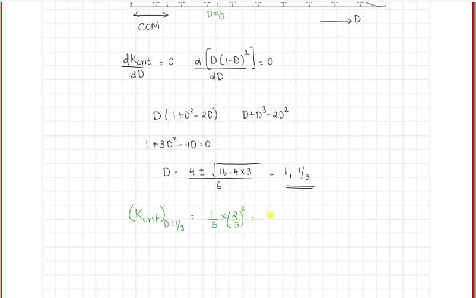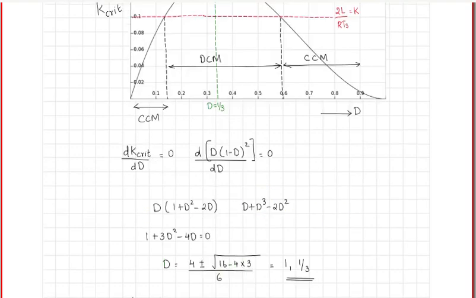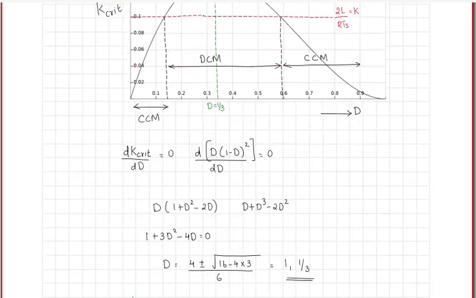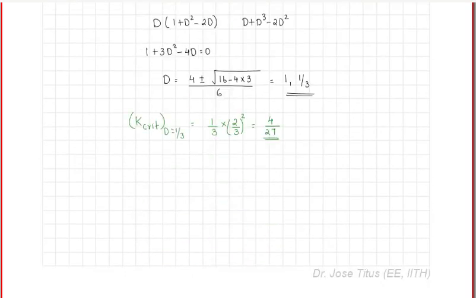So this will give you the value of 4 divided by 27. So if you do it, it is slightly close to 0.15, and that's where you see you have the maximum. So that is how you can then decide, or you can then design your k value or your inductance, switching frequency and the load resistance in such a manner as to operate in continuous conduction mode.